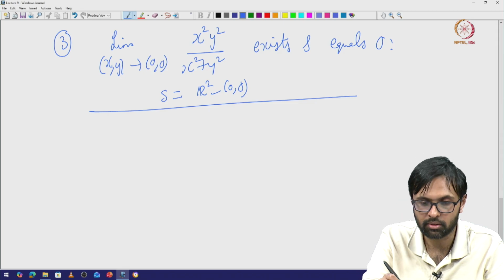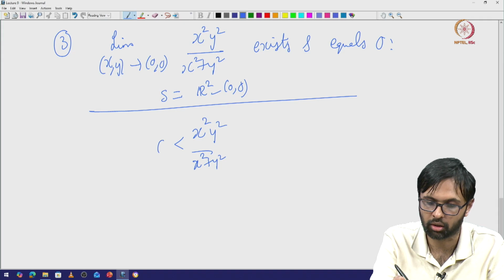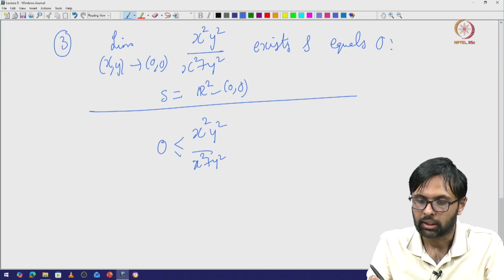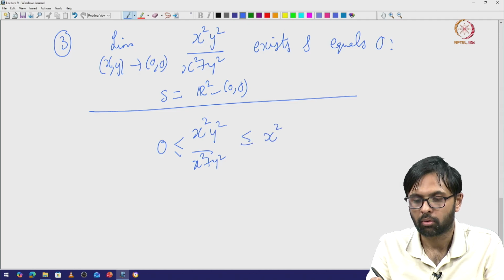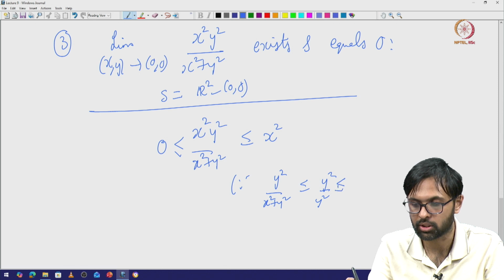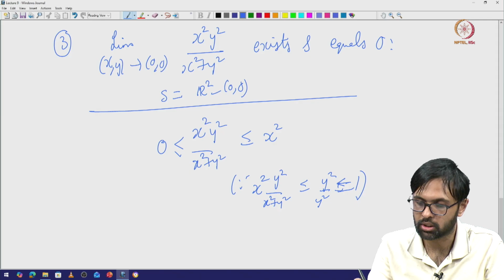Now the point is, x squared y squared divided by x squared plus y squared is larger than 0. It's less than x squared itself. Why? Because y squared divided by x squared plus y squared is less than y squared divided by y squared, which is equal to 1. So x squared times this is less than x squared.